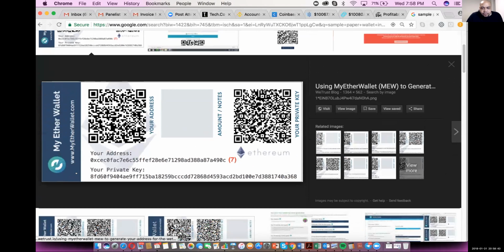It'll have your address, and then it has your private key and these two barcodes. It has 2 QR codes as well. The reason why some people like paper wallets is because it is off the internet. It's just a piece of paper. So although you can lose it in other ways, it is something that cannot be hacked, right?